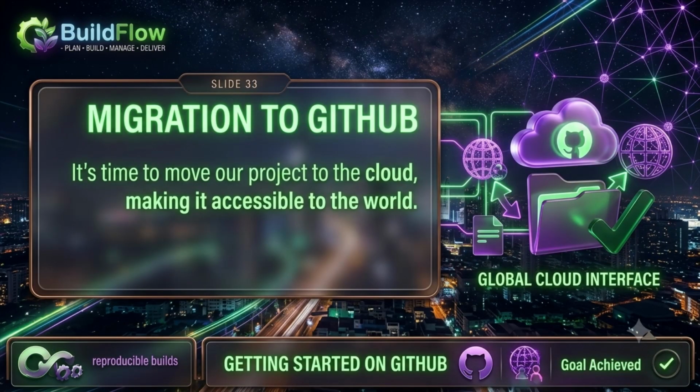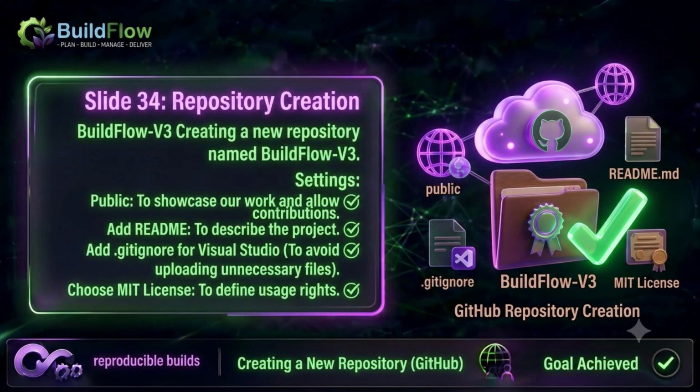Now let us move to GitHub. We will create a new repository called BuildFlow.V3. We will make it public because it will be part of our portfolio. We will add a readme, the Visual Studio .gitignore file, and an MIT license.